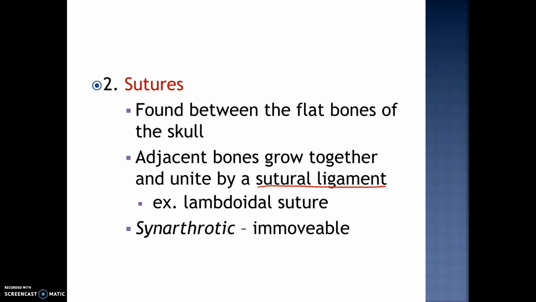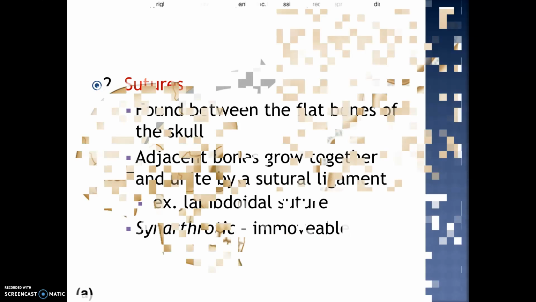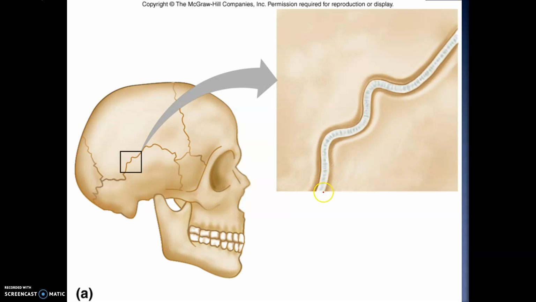And these are synarthrotic, meaning immovable. So after those bones have grown to our full size, they are no longer movable. We'll see these suture lines occur. So we can see really small, very close together is this dense connective tissue that is holding those bones of our skull together, called sutures.